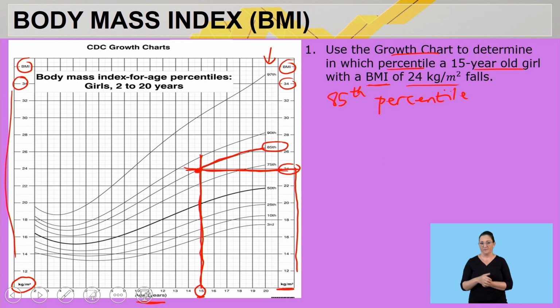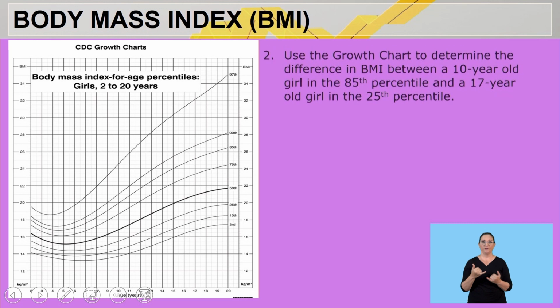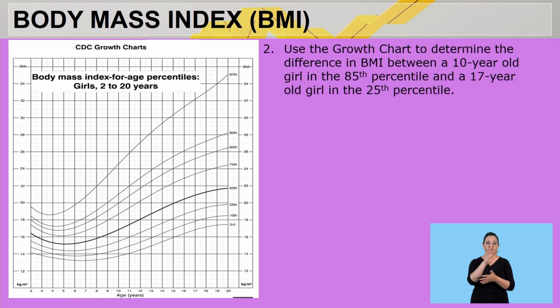All right, next question. Here I'm saying, use the growth chart to determine the difference in BMI, right? Difference in BMI between a 10-year-old girl in the 85th percentile and a 17-year-old girl in the 25th percentile. All right, now let's start with our 10-year-old girl first.